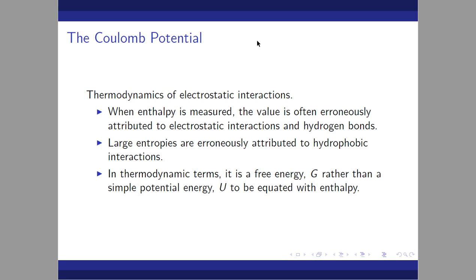For thermodynamics, we have enthalpy and entropy. When enthalpy is measured, the value is often erroneously attributed to electrostatic interaction and hydrogen bond, and large entropy is usually attributed to hydrophobic interaction.